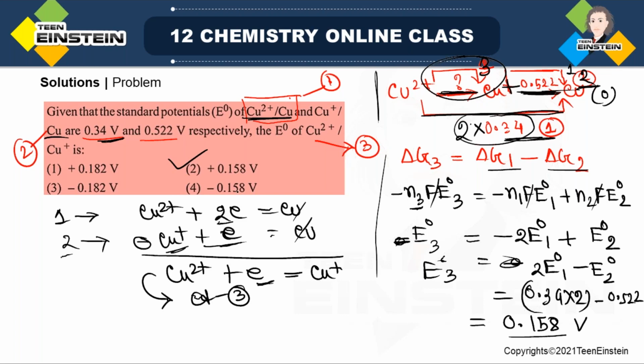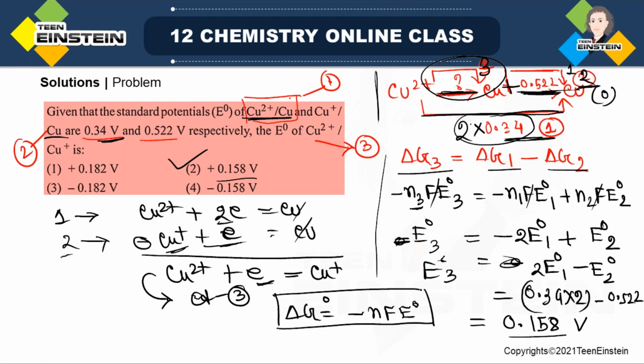But the ultimate solution will be option 2, so this is positive 0.158. So this problem is clear, and you can understand how we are applying this relationship, that is del G is equal to minus nFE. If you use the negative sign, it will be there for both. So by using this equation, we have solved this problem.